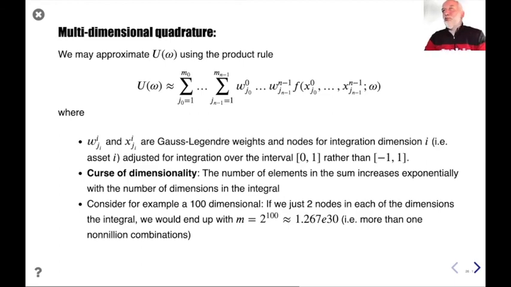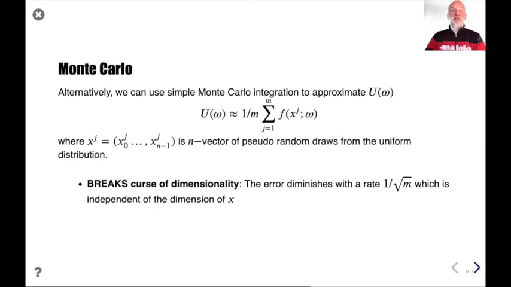And why do we want to waste all this if there's a better method called Monte Carlo? Monte Carlo has the remarkable feature that it totally breaks the curse of dimensionality. You can show that the standard deviation of the error converges with 1 over the square root of m, where m is the number of Monte Carlo draws.